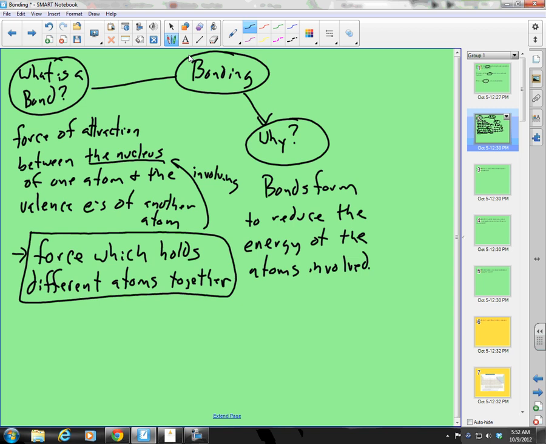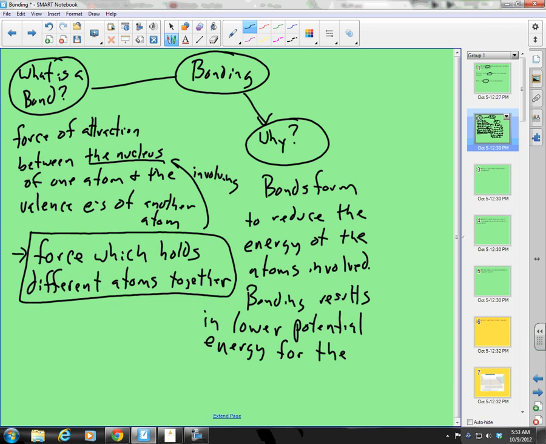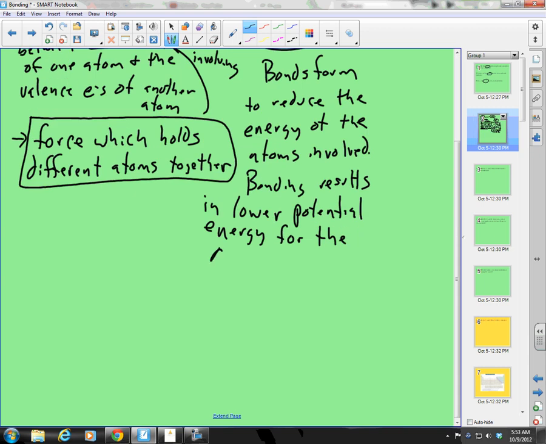So bonding results in lower potential energy for the atoms involved, and that means, i.e., the atoms become more stable.